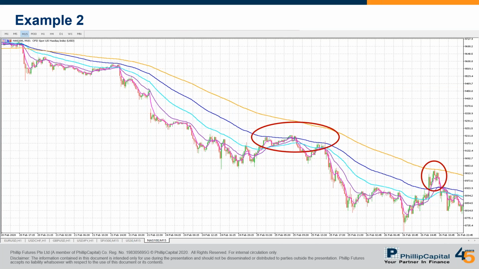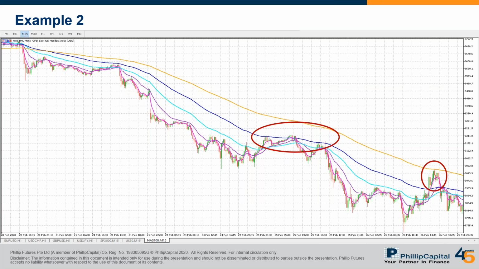The 5 is below the 20, the 20 below the 50, the 50 below the 100, and the 100 below the 200. Once we see that, this is an indication that a downtrend may be starting. This is the starting point of a potential downtrend. It dropped quite a lot and the trend was quite strong.